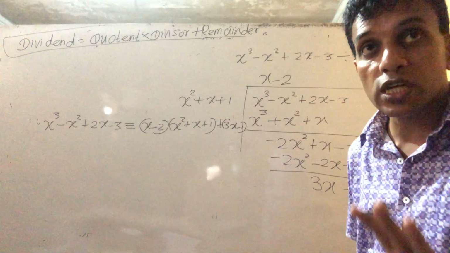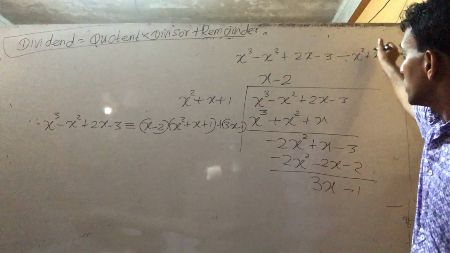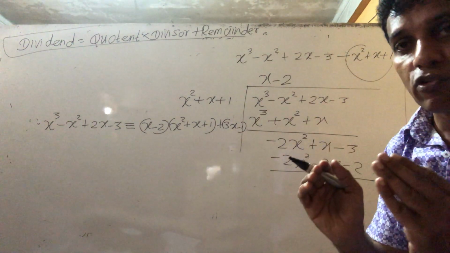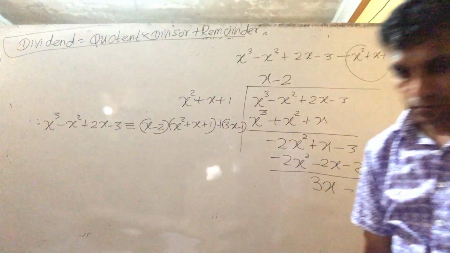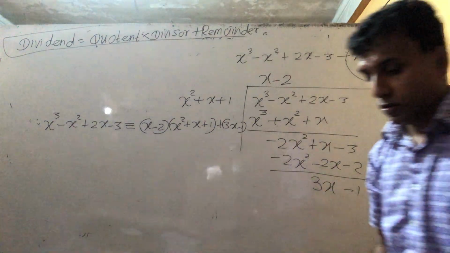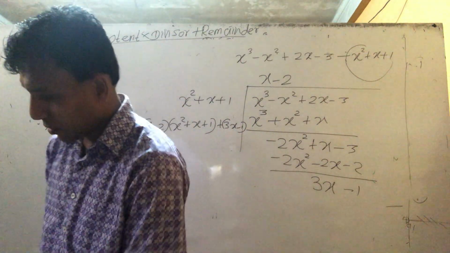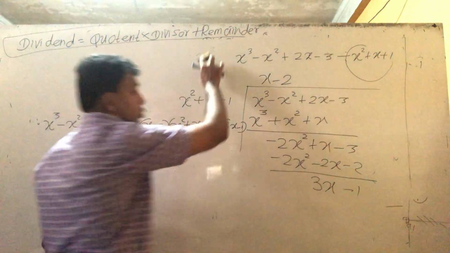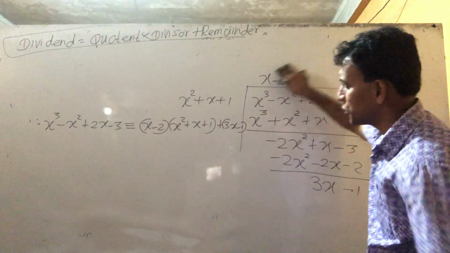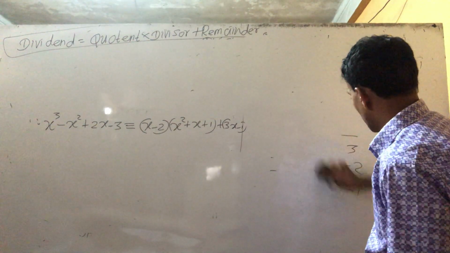But here you can't use the long division only. You can't use the synthetic because this is not the x minus r form, the linear form. Okay, I show another problem that you can try.